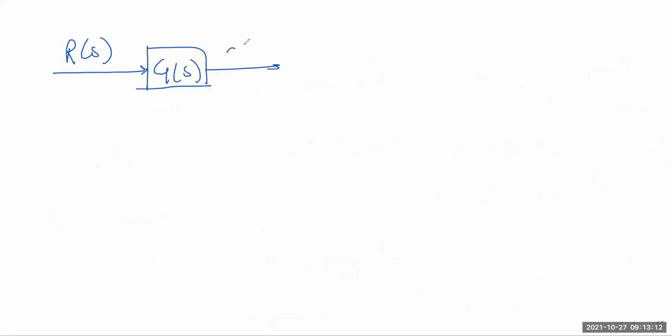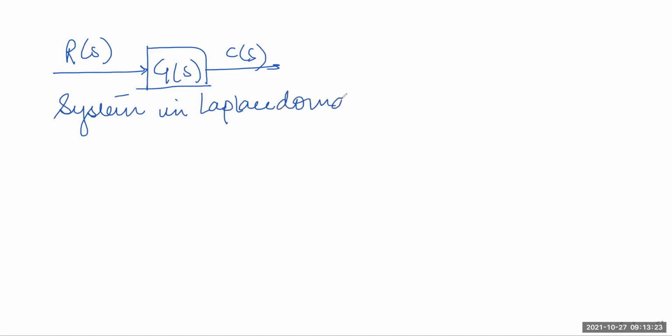If I write the system in S domain, it will look somehow like this. So this is the system in Laplace domain, or in short form we say S domain. I think this much is clear.